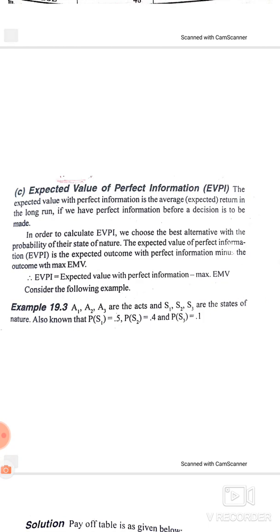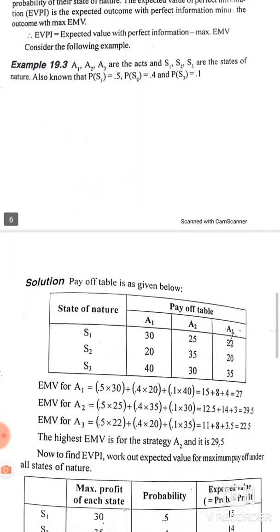Now expected value of perfect information. Here the formula uses expected value with perfect information minus maximum expected monetary value. So the illustration here is A1, A2, A3 are the acts, and S1, S2, S3 are the states of nature, and the probability associated with states of nature is, for S1 it's 0.50, for S2 it's 0.4, and for S3 it's 0.1.